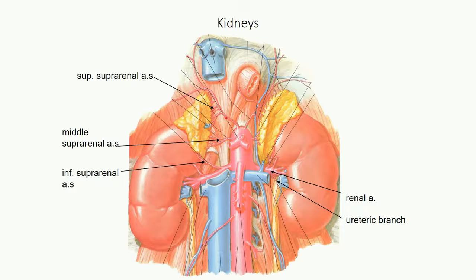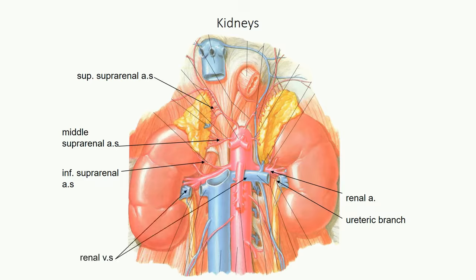So are you going to be able to identify all of these in lab? Probably not. I wouldn't spend too much time taking a look at this, but just recognize that we have extensive vascular supply to these adrenal glands.